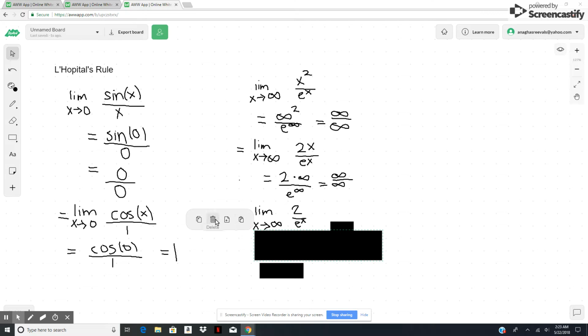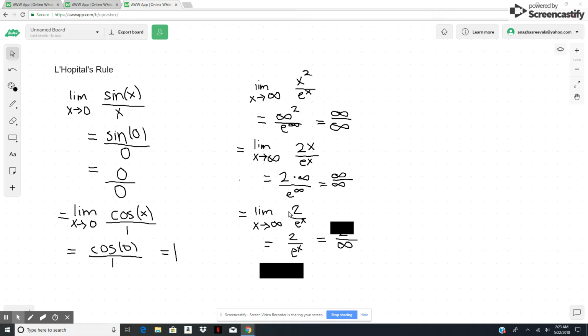And this time when you evaluate, you plug in infinity for x and end up getting 2 over e to the infinity, which is the same as 2 over infinity. Now, when you're dividing a constant by something that's huge, you ultimately end up getting 0.